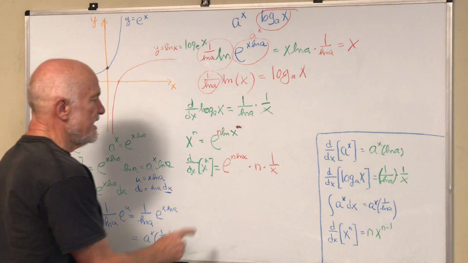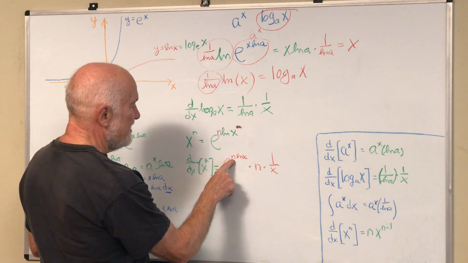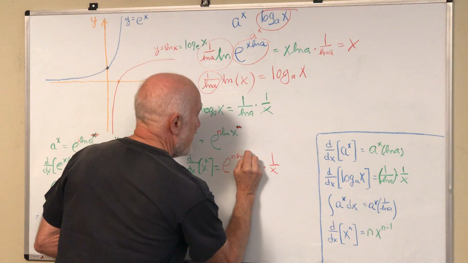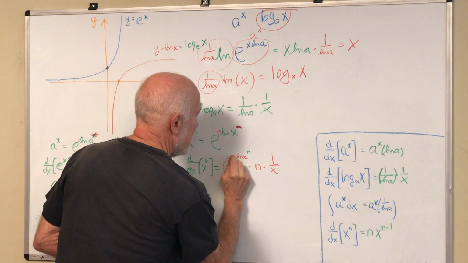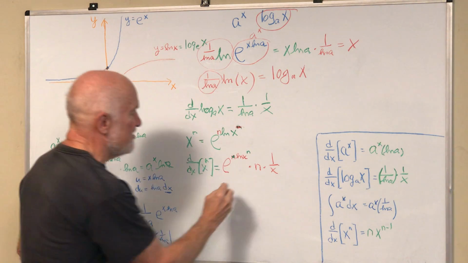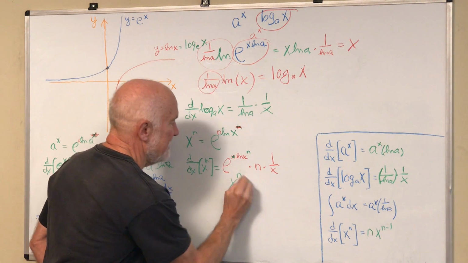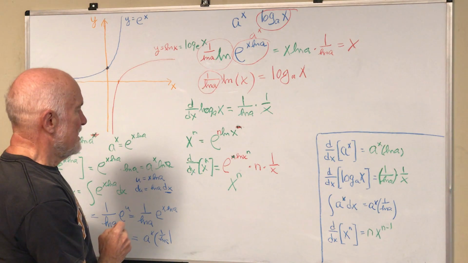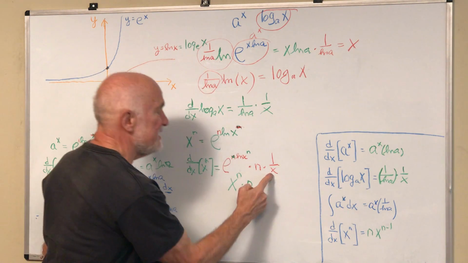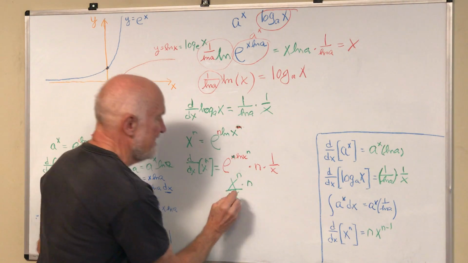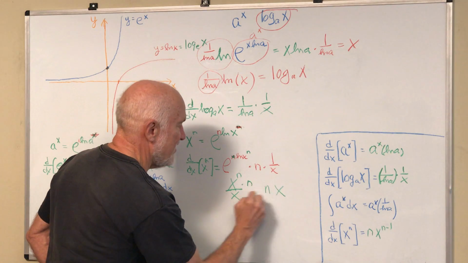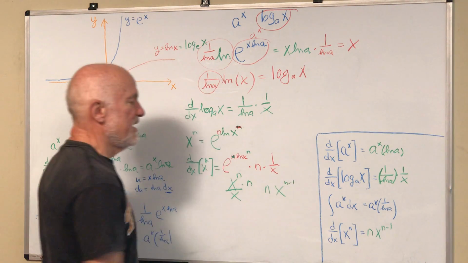And then I can take this n and put it back up here. And what do I get? e to the natural log of x to the n is just x to the n. Then you have to multiply it by n and then divide it by x. So what do you get? n x to the n minus 1.